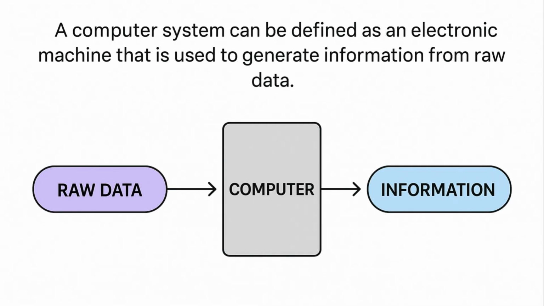Computer system can be defined as an electronic machine that is used to generate information from raw data. This means that a computer takes simple unorganized data and turns it into useful information we can understand.